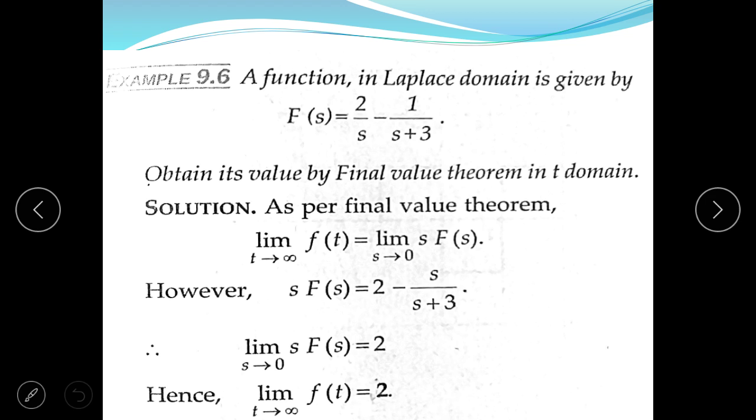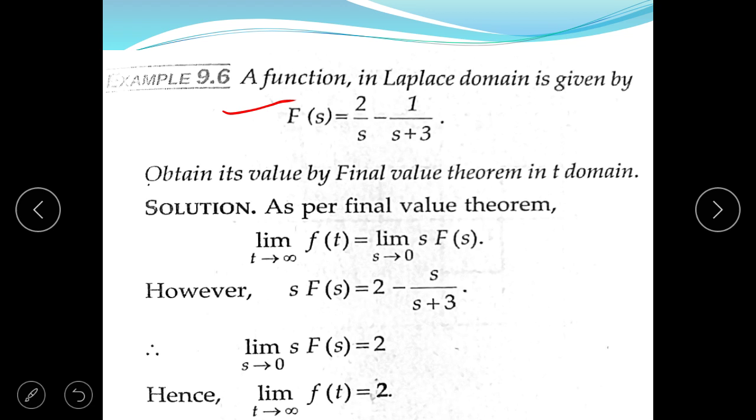Numerically, a function in the Laplace domain is given by F(s) equal to 2 upon s minus 1 upon (s plus 3). In this question, obtain its value by the final value theorem in the t domain. It means we have to find the final value of this function F(s), or the response of F(s) at t tends to infinity.